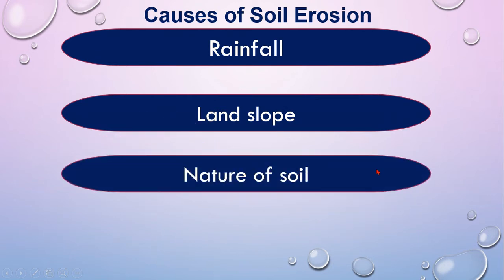And next one is nature of soil. We already talked in the last class about the nature and classification of soil, like sandy soil, clay soil, loamy soil, silt soil. If the soil is compact, soil erosion is less. But if the soil particles are very loose, coarse or medium coarse, soil erodes very quickly.